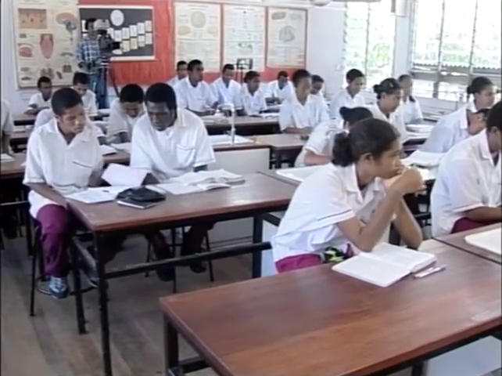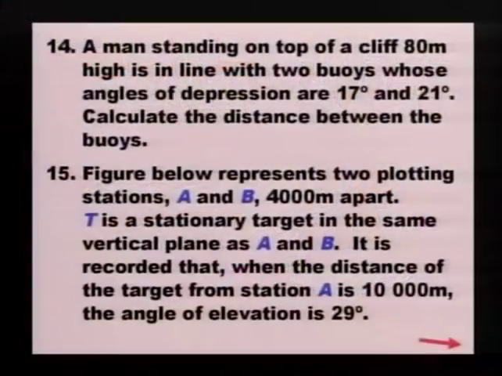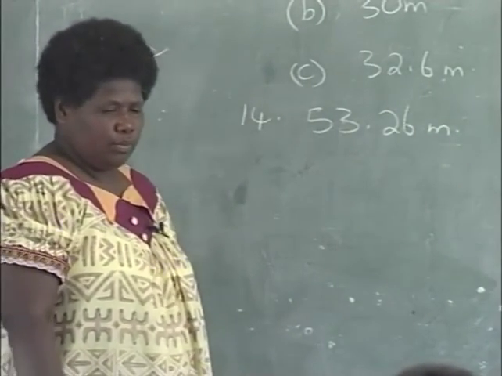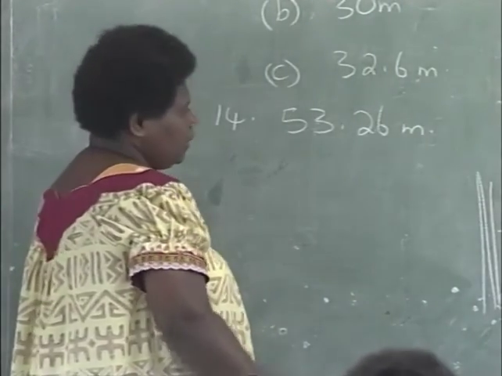Okay. It says a man stands at the top of the cliff, and the cliff is 80 meters high, and the man is in line with 2 boys whose angles of depression are 17 and 21 degrees.